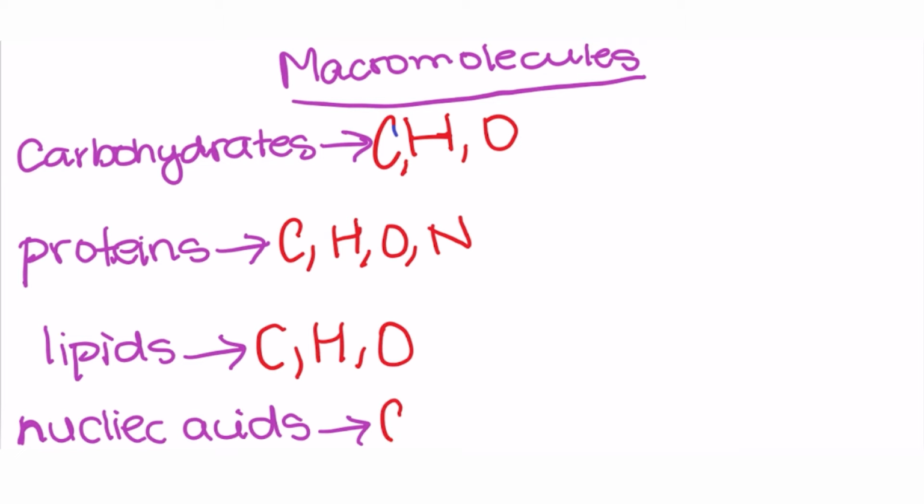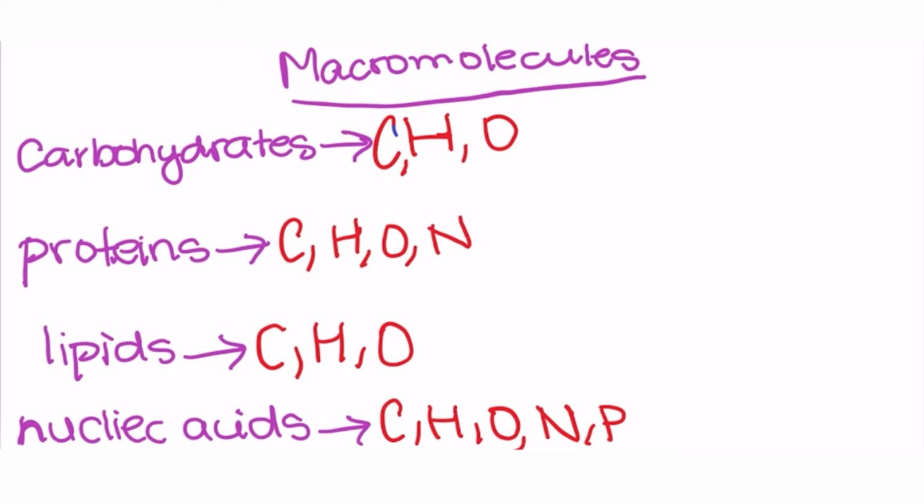And nucleic acids: carbon, hydrogen, oxygen, nitrogen, and phosphorus. Okay, so it's CHO, CHON, CHO, CHONP. This helps us memorize what atoms are present in each of the macromolecules.